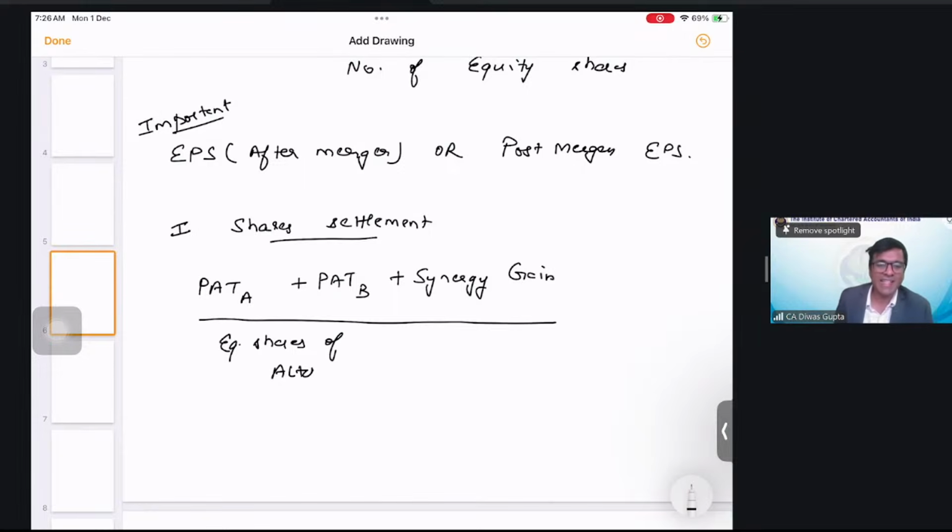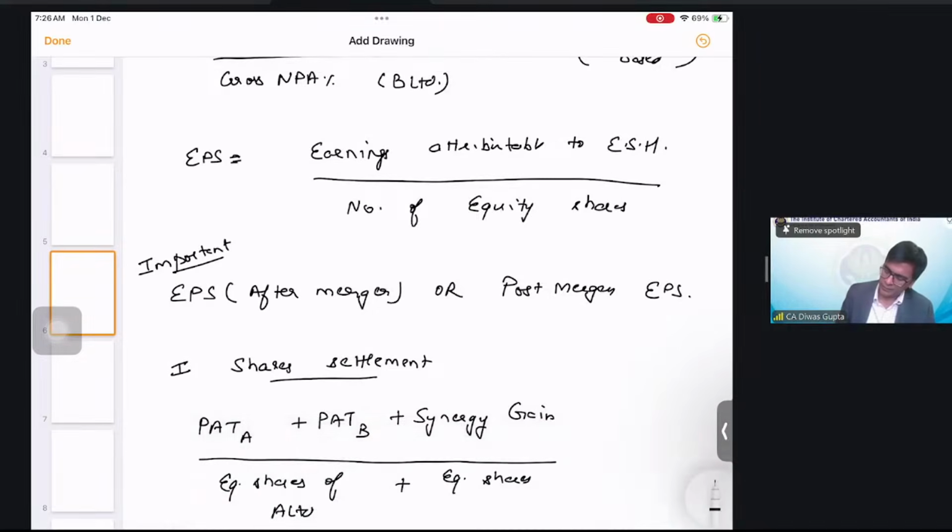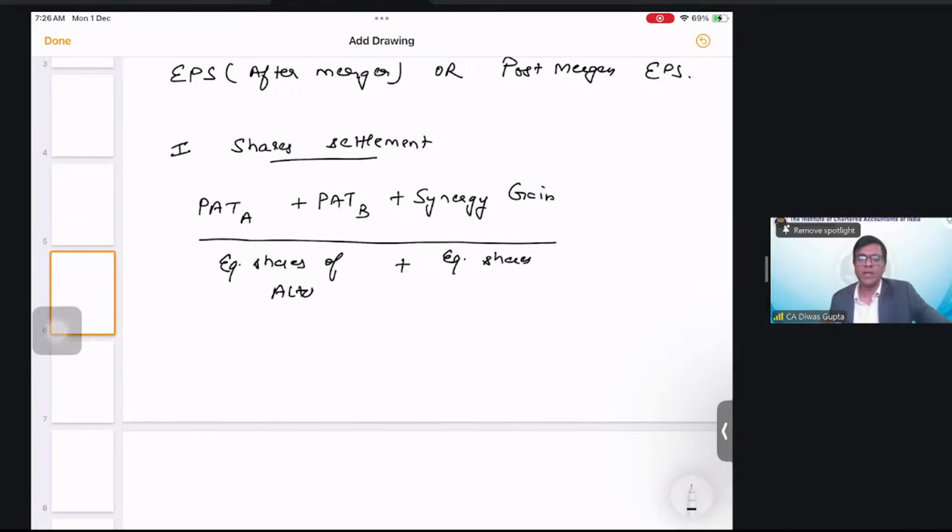These were the existing equity shares plus equity shares issued to shareholders of B Limited.